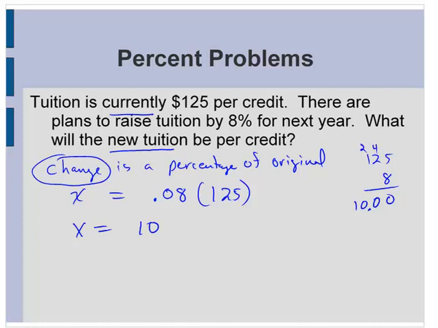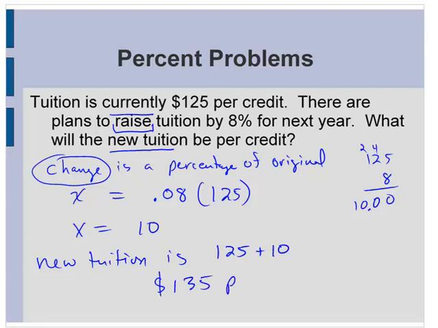So the change will be $10, and they are planning to raise the tuition. So the new tuition would be $125 plus the $10 increase, $135 per credit.